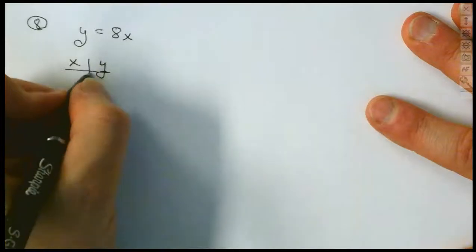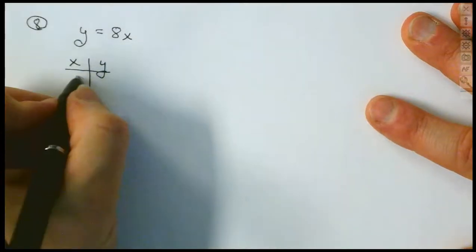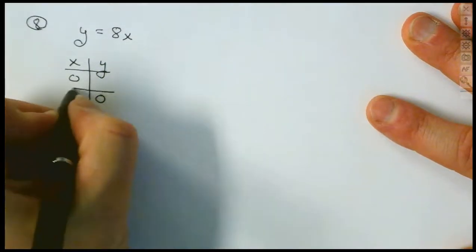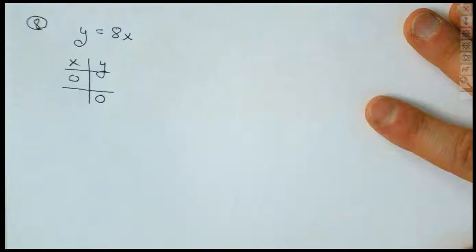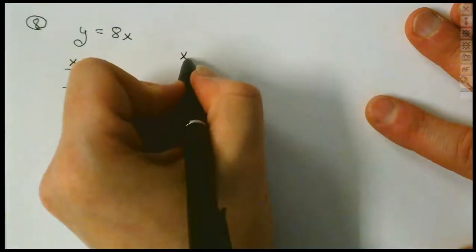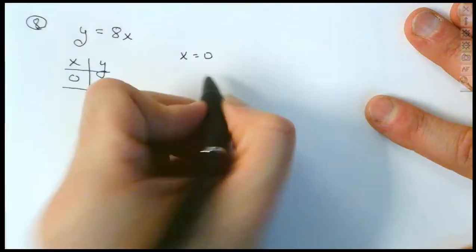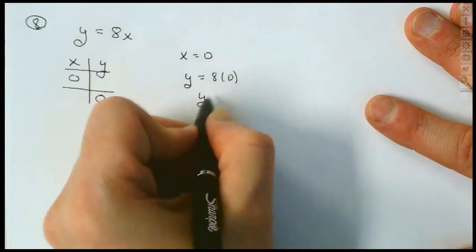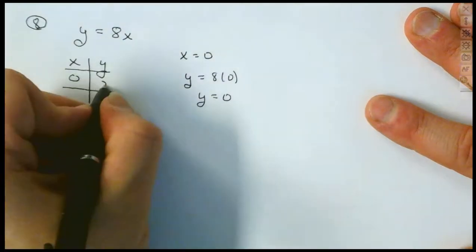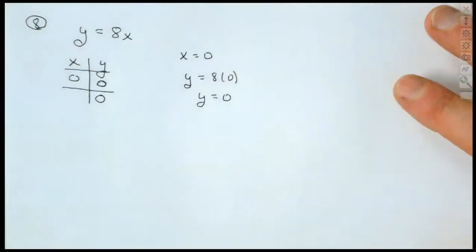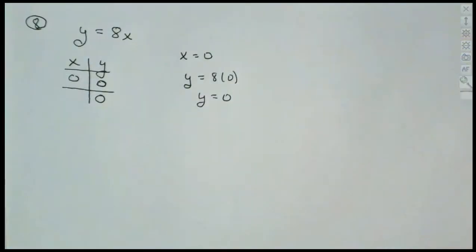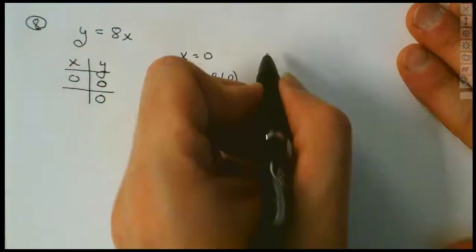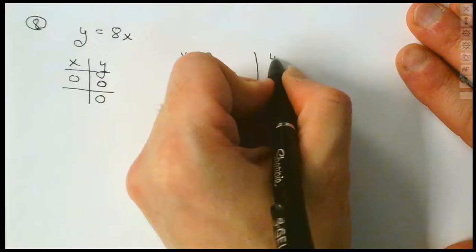We're going to plug in our zeros and see again what we get out. I plug in x equals 0, and I get y equals 8 times 0, which is 0. And once you get one of them to be double 0, the other one is also going to be double 0.